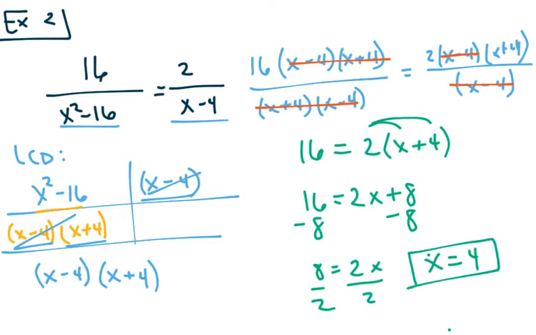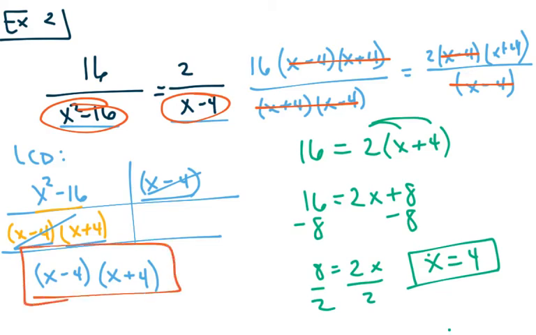Alright? Now, the thing we need to check is our undefineds, because we had them in the denominator. So we take our LCD and we find the undefineds. So x minus 4 equals 0, x plus 4 equals 0. So if you solve those out real quick, x can't be 4 or negative 4.